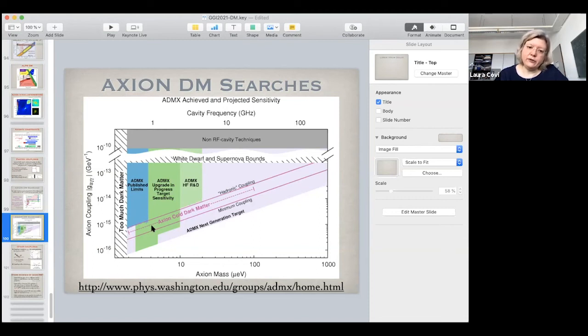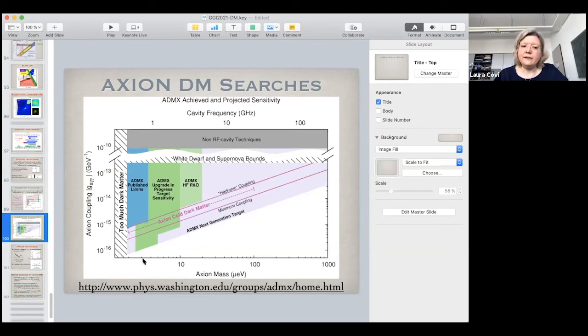Because this conversion from axion to photon, of course, works much better if you are exactly at the right frequency in your cavity, and you have an enhancement of the signal. And to go to such very small couplings, you need really to exploit that effect.